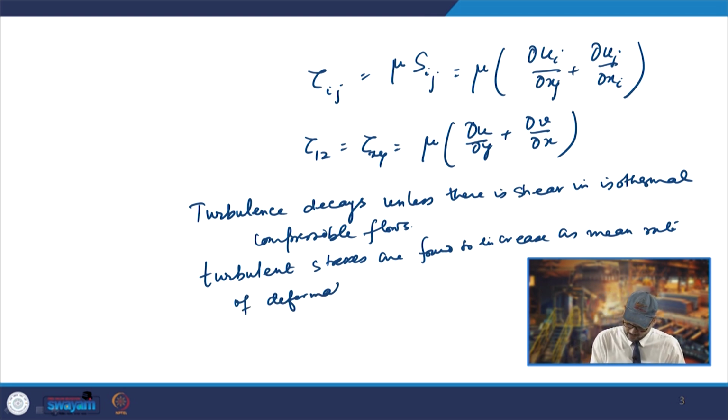So, if the mean rate of deformation is increasing, the turbulent stresses are found to increase. Based on these two findings, Boussinesq proposed in 1877 that these Reynolds stresses might be proportional to the mean rates of deformation.